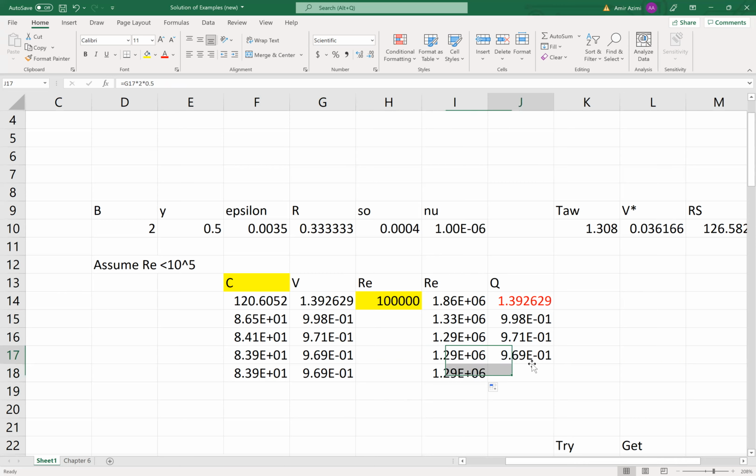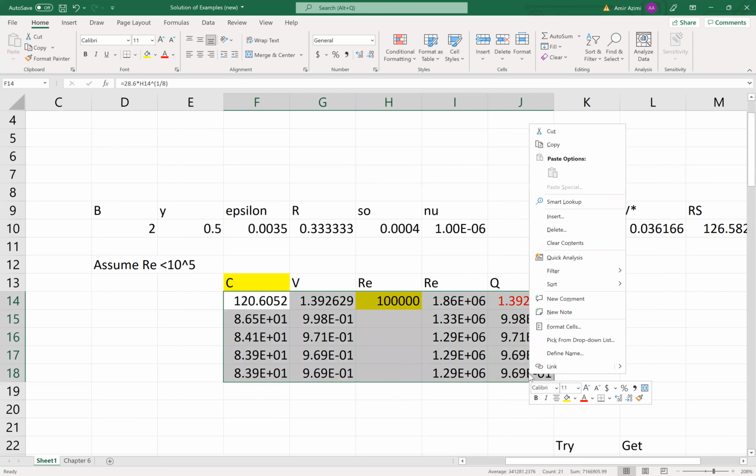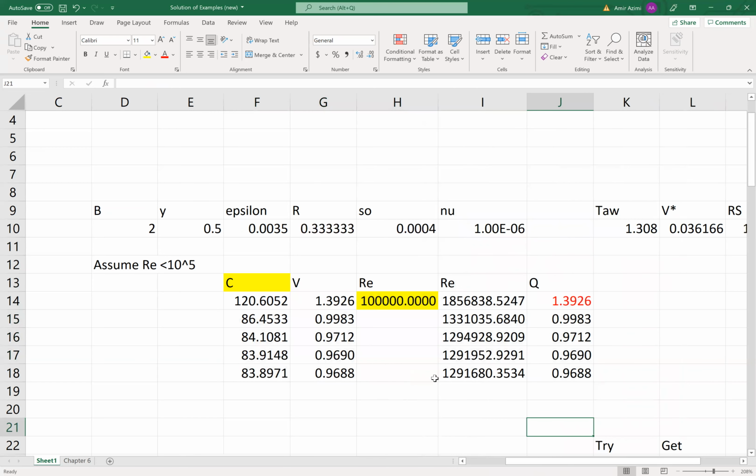So what I can do is I can just change the format of the cell to maybe 4 decimals. Yes, that gives you a better idea that the values here are not exactly the same.